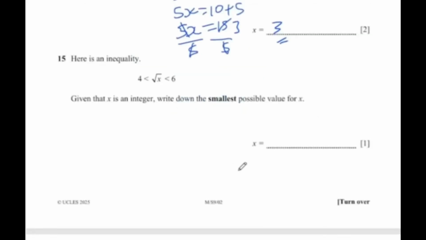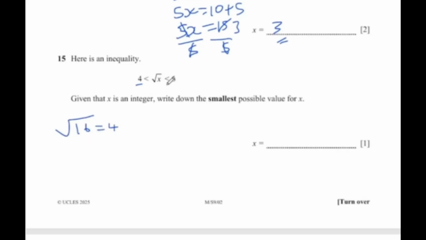Question 15. Here is an inequality: 4 is less than root x, less than 6. Given that x is an integer, write down the smallest possible value for x. This is already bound by 4 and root x, which means x is clearly to be an integer. Root 16 is 4, and 4 cannot be less than 4.